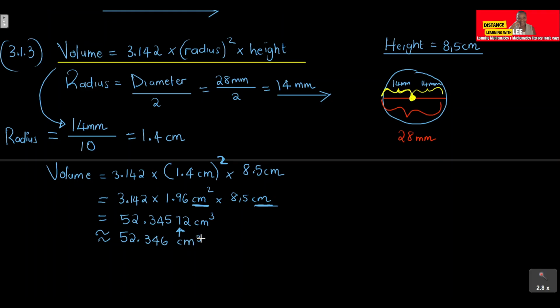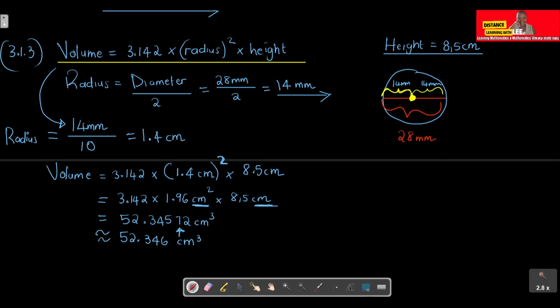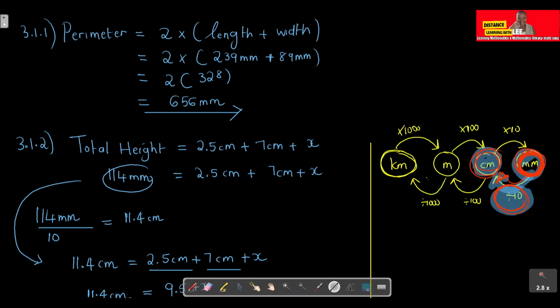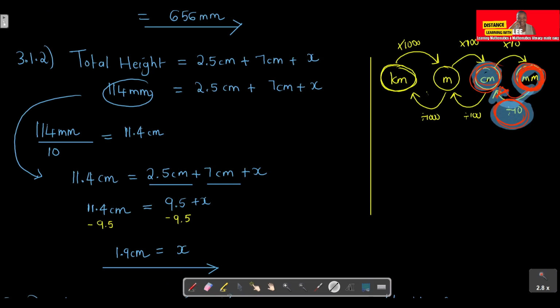So that is 52.346 centimeters cubed. So we've basically shown how they got the volume of the glue as 52.346 centimeters cubed. All right, and we are done with question 3.1, guys.